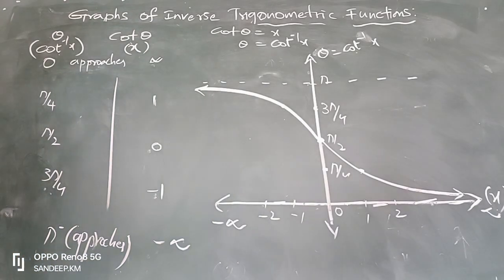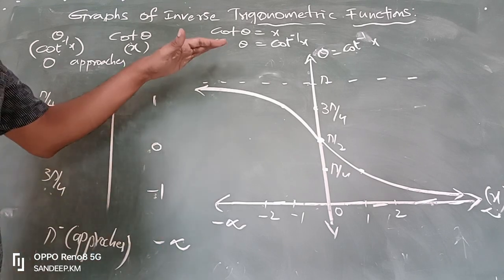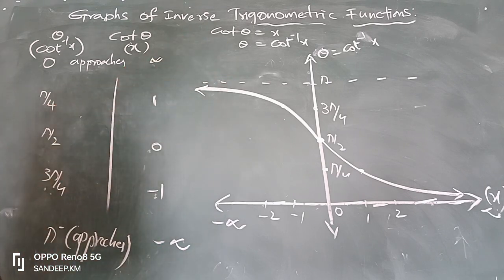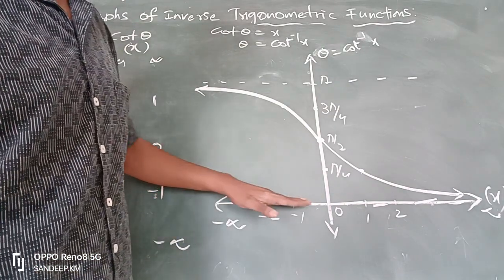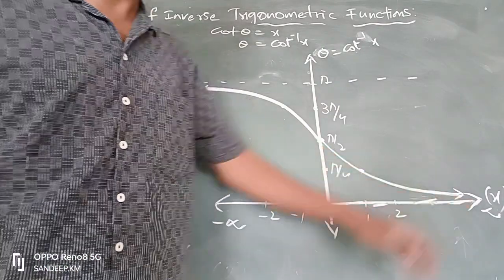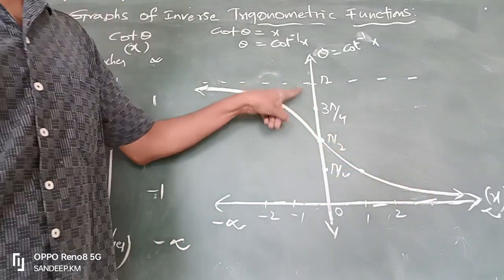Now the next question that arises generally is, is cot inverse x an increasing function or a decreasing function? Very simple. As input increases from minus infinity to plus infinity, the output decreases from pi to 0.